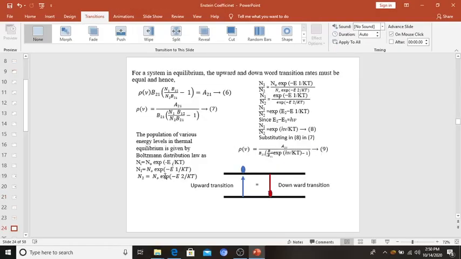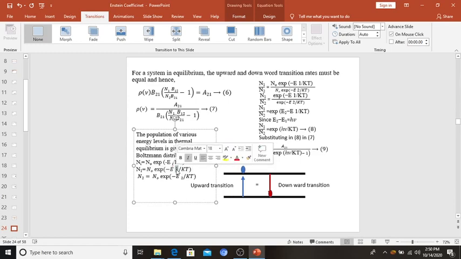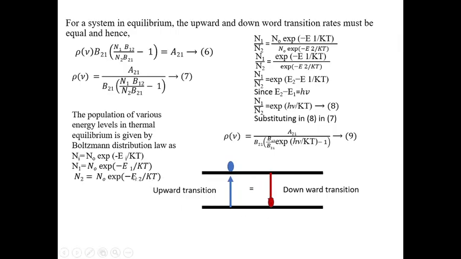Now if we take this one here, you can write this as a suffix. So E1 by kT, and E2 by kT for this equation.